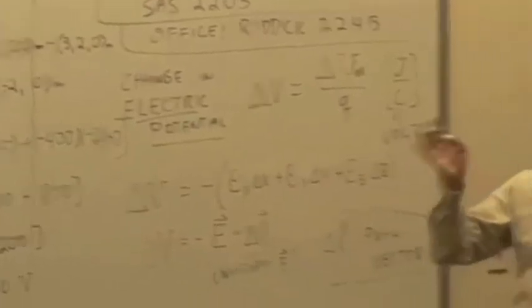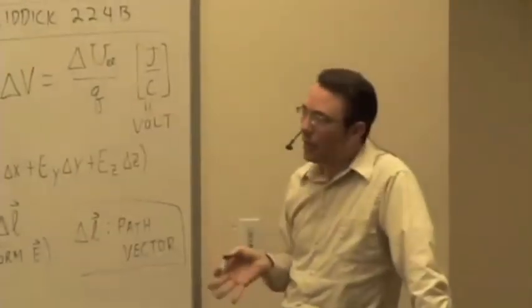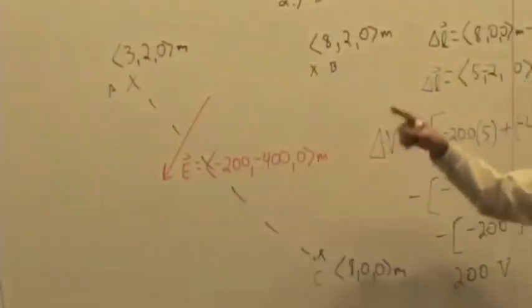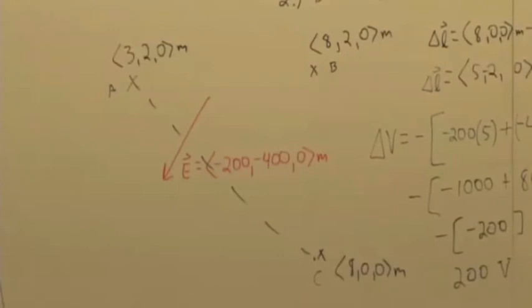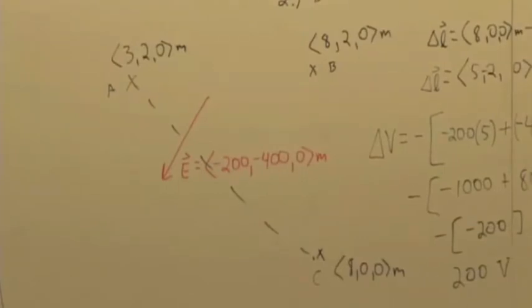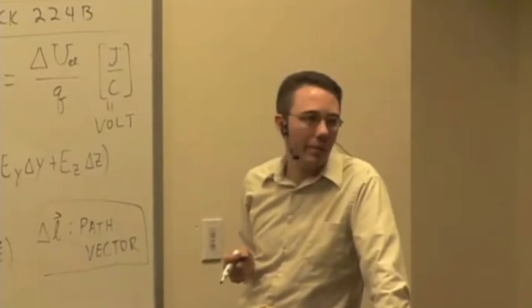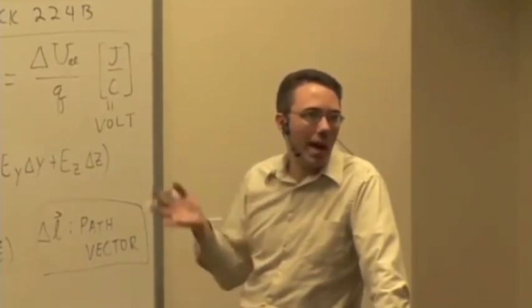Now, it's a little bit difficult to check the result in this particular case because your path is going this way and your field's going that way, and so it's hard to see what components are perpendicular and what components are parallel to that path. We could work this out a different way, though. Do we necessarily have to choose a path that goes directly from A to B or A to C? What other path could we choose?